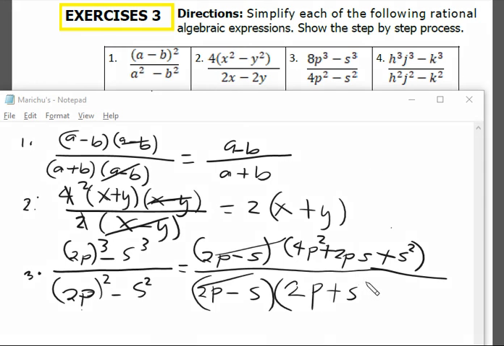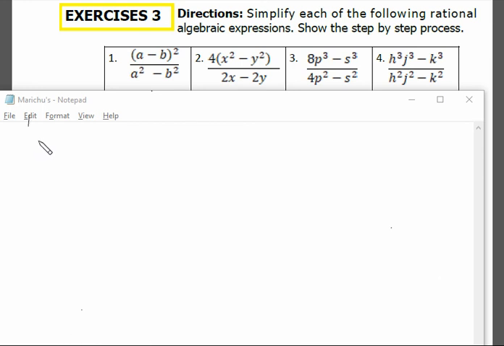Then we copy 4p squared plus 2ps plus s squared all over 2p plus s. And we're done with number 3.